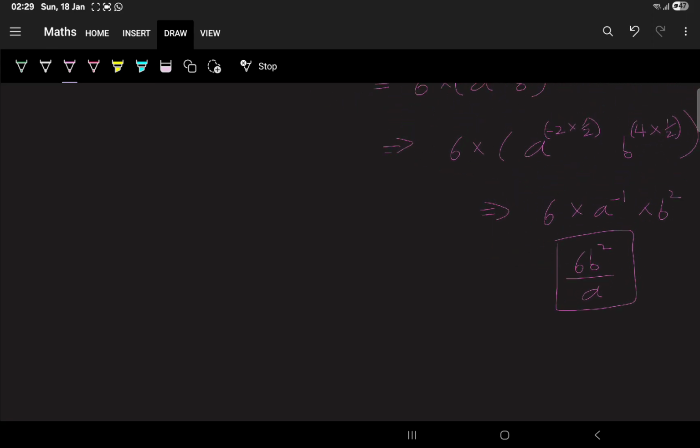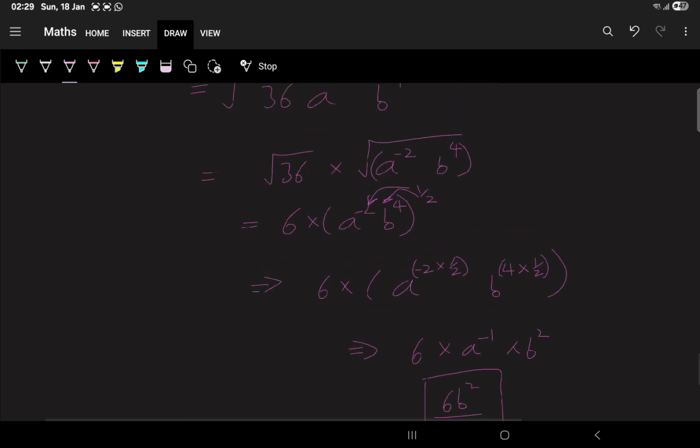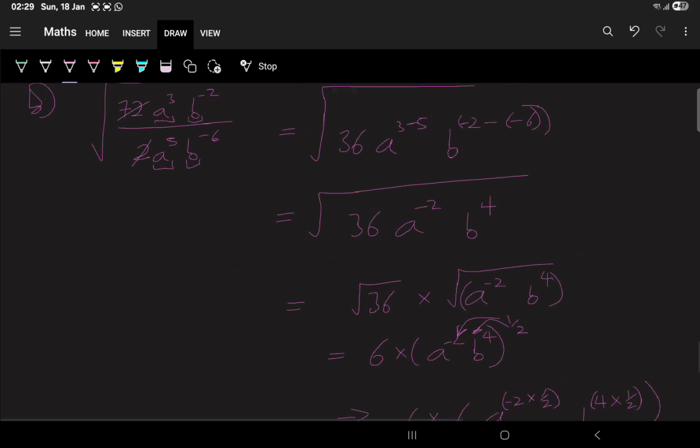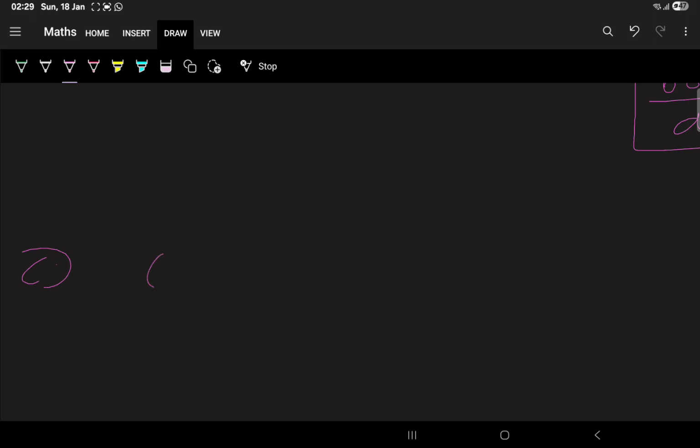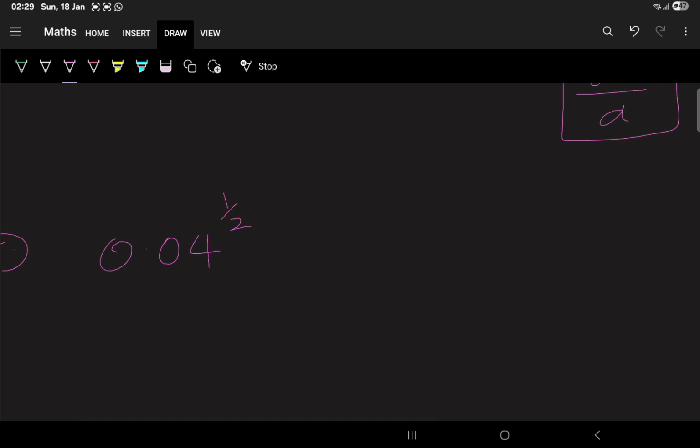Next, we're moving to the next question, C. The question we have for C is 0.04 raised to the power of half.